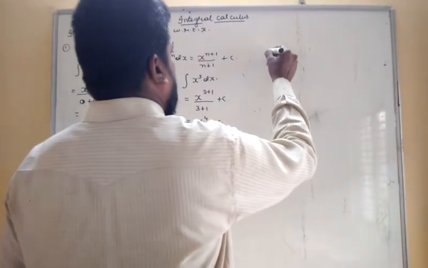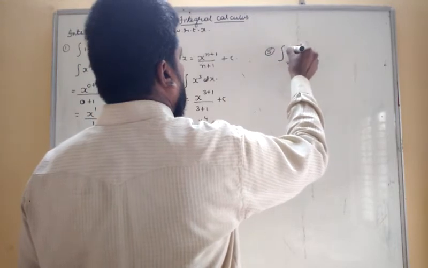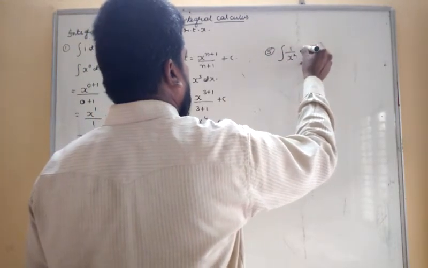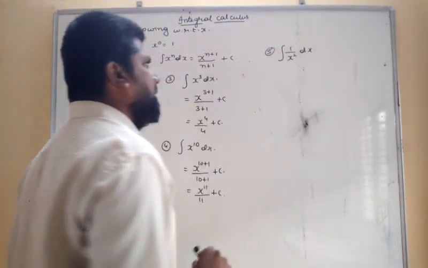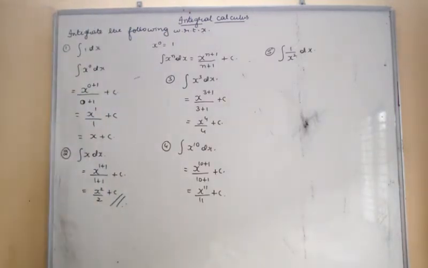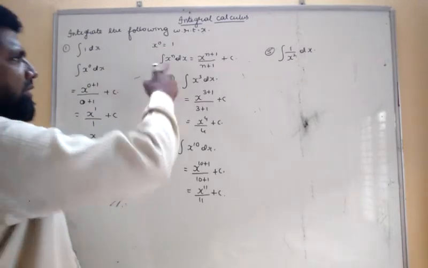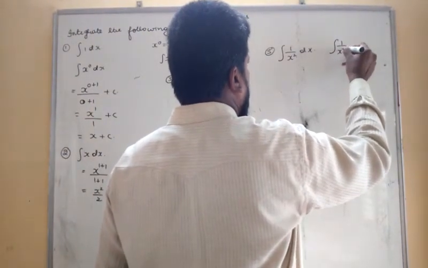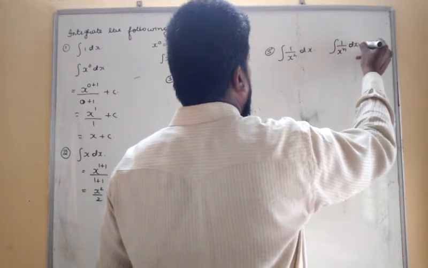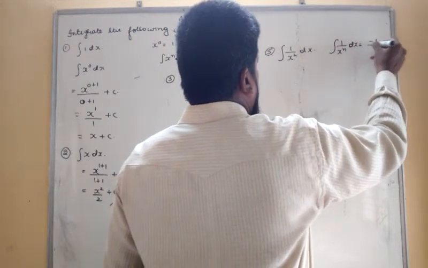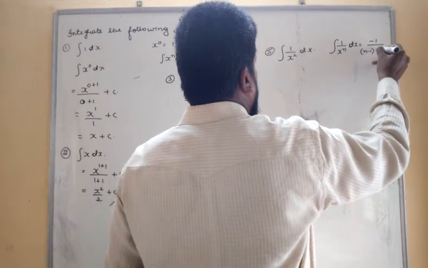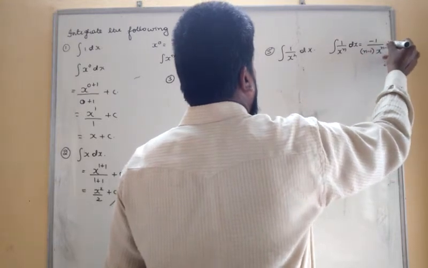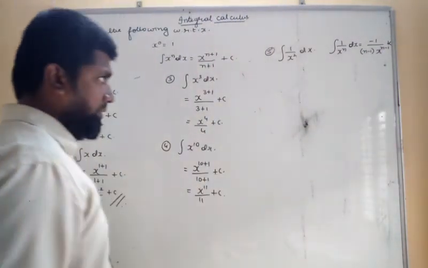Let us take the next one, 1 by x square dx. We have written that 1 by x square integration is minus 1 by x. Let us apply the general formula: integration of 1 by x to the power of n dx is equal to minus 1 by n minus 1 into x to the power of n minus 1 plus c. This is the formula you should remember.